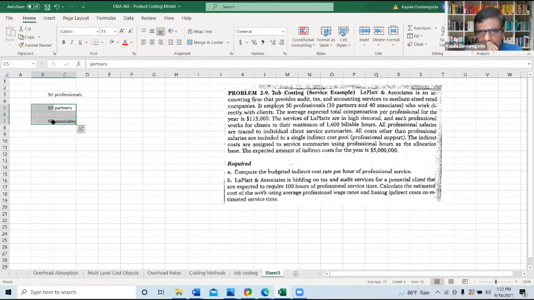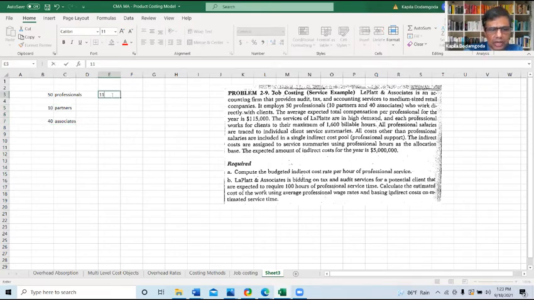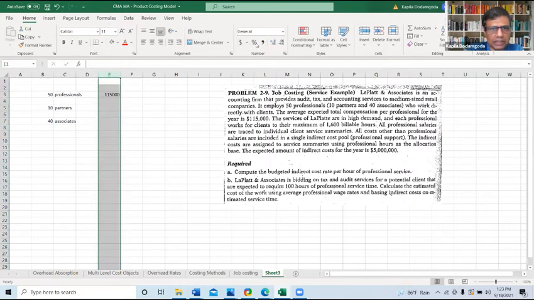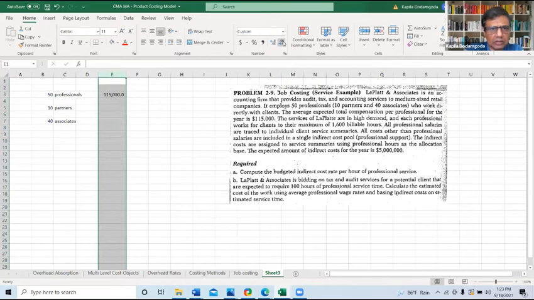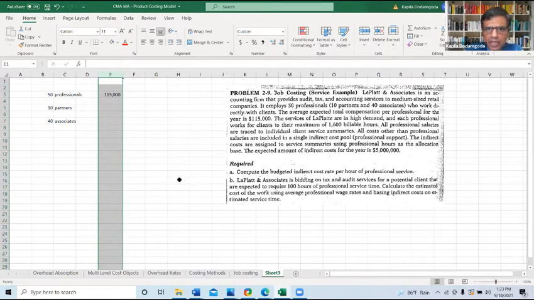The average expected total compensation per professional for the year is 115,000. So 115,000 is the compensation per professional, an average.